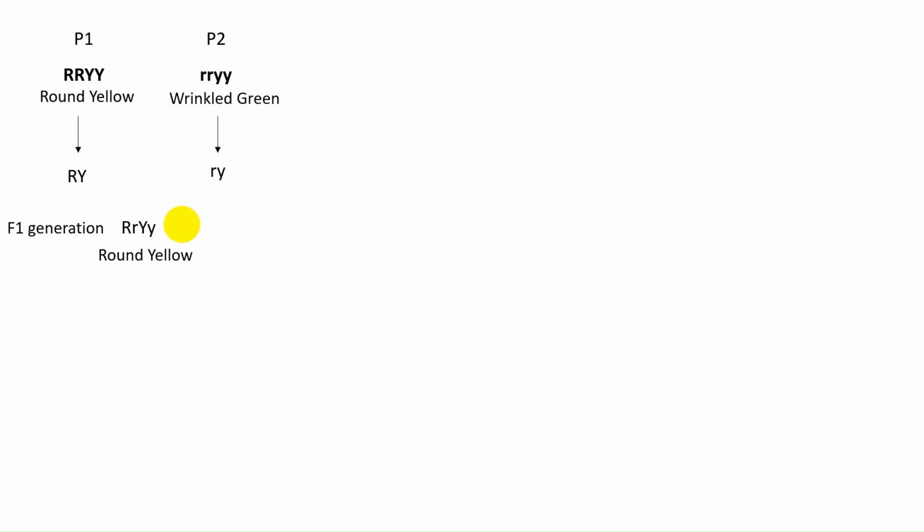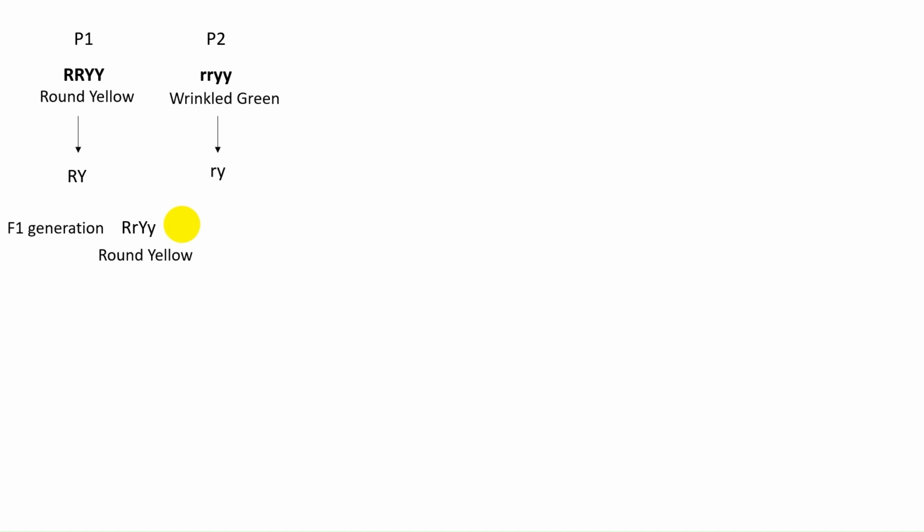Capital R is present, so the shape will be round. Capital Y is present, so the color will be yellow. So all the F1 offspring will be round and yellow with the genotype capital R, small r, capital Y, small y. Remember, we write all of these because we are dealing with two characters: R for one character, Y for another.